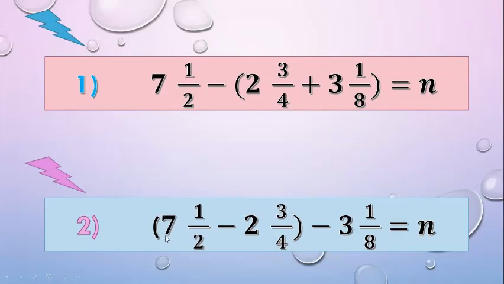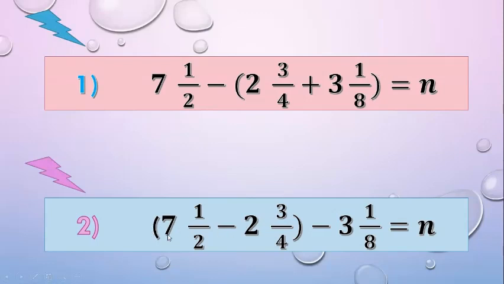And of course, after I minus it, I'm going to minus again the 3 and 1/8 which is used for menudo. Equals n, the missing is the number of kilogram used for puchero. Okay, did you get it? I hope so.